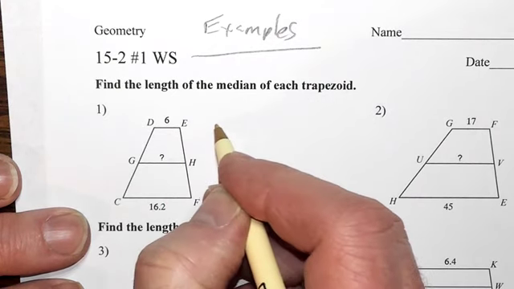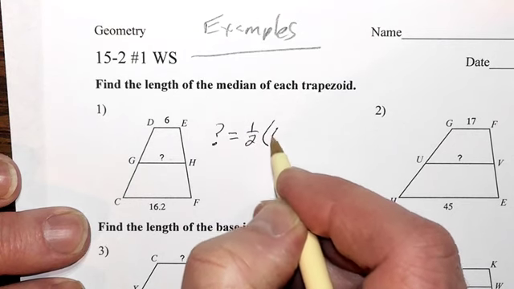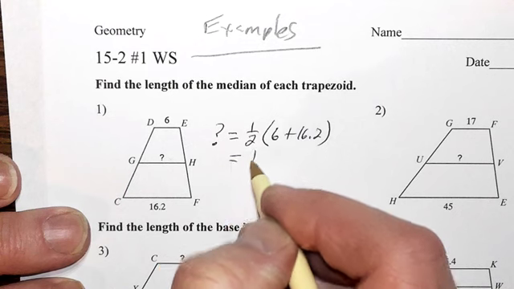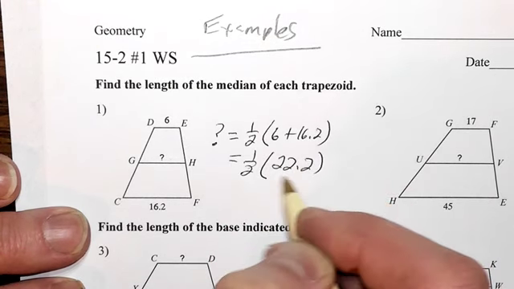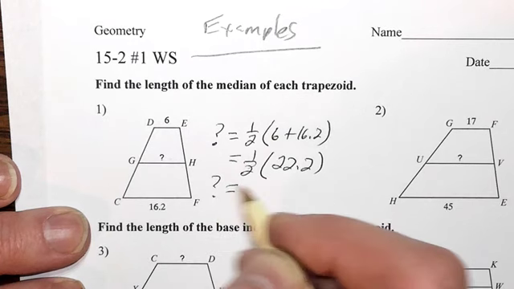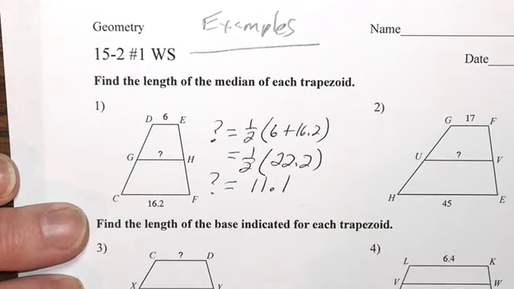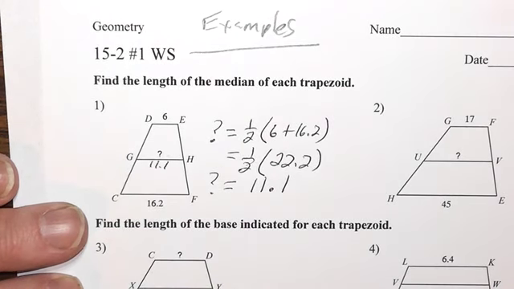So the question mark here is 1/2 of 6 plus 16.2, which is 1/2 of 22.2, which equals 11.1. And that's what the length of this median would be.